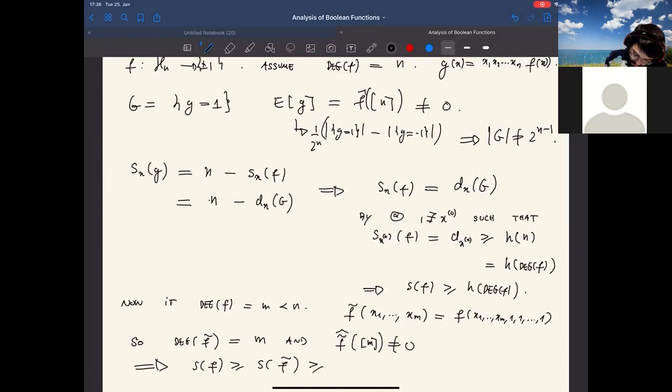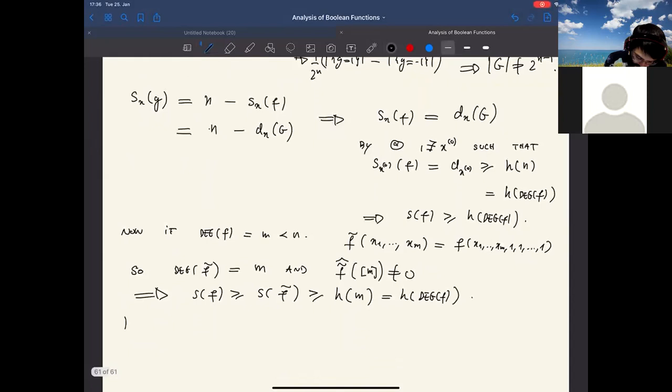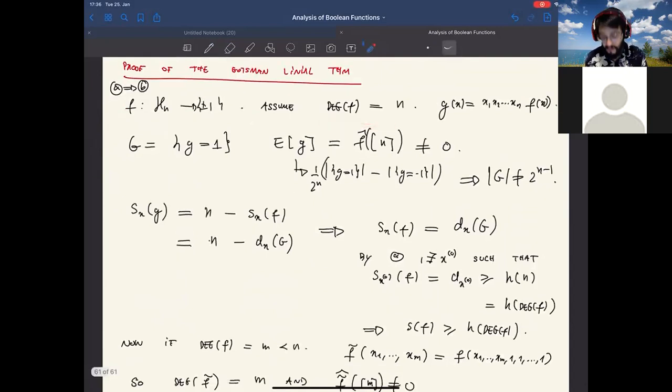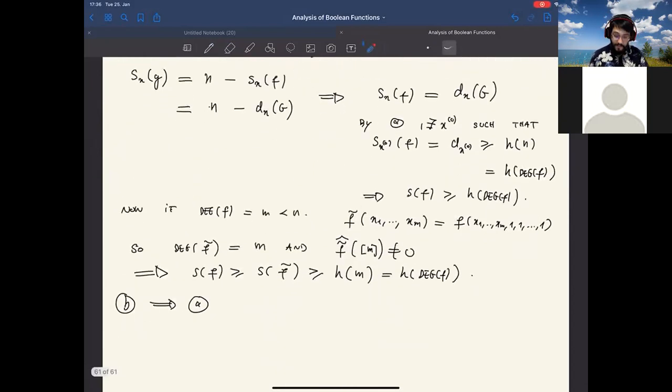But then by the previous result, that's greater or equal than h of m, because now f tilde lives in Hm, and then you apply the previous thing. But this is equal to the degree. Okay, and that shows this. So basically, if you assume the degree is n, then do something tricky, and if it's not, then you reduce to that case.